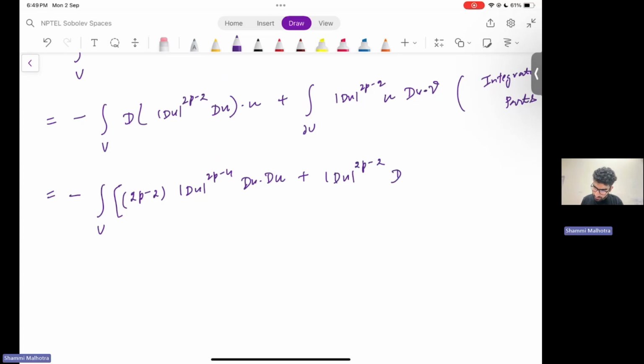Then Du dot Du is actually the Laplacian of u, and also we have the Laplacian here as well, times u.